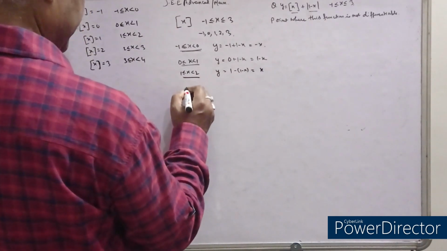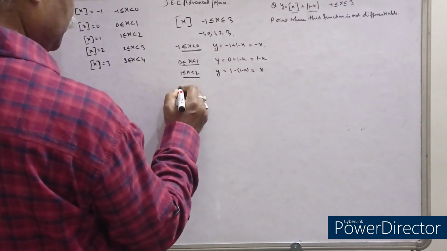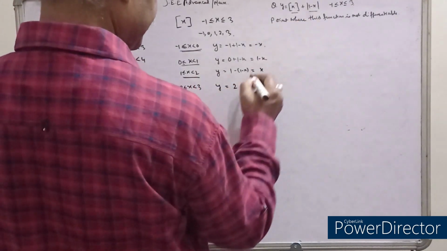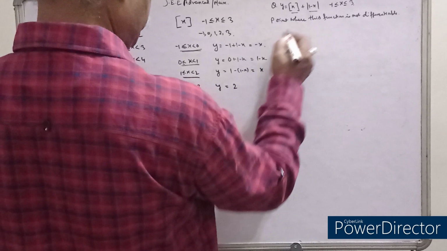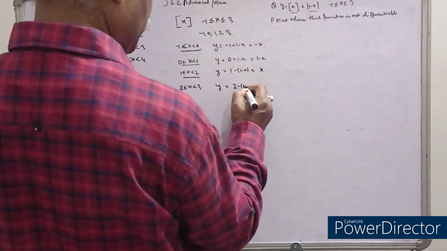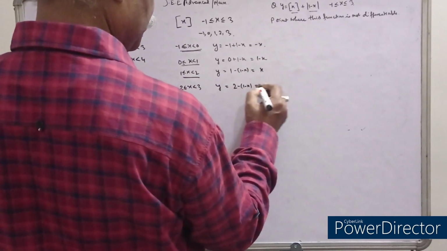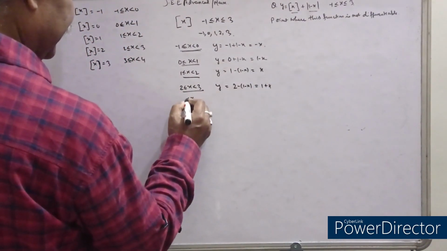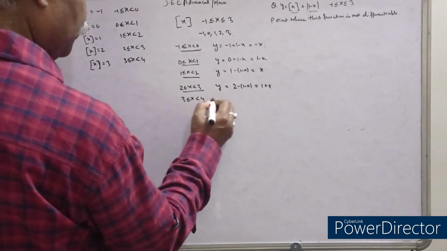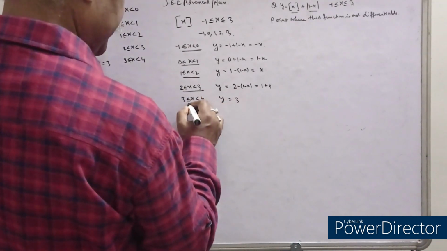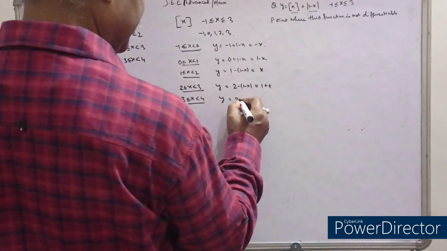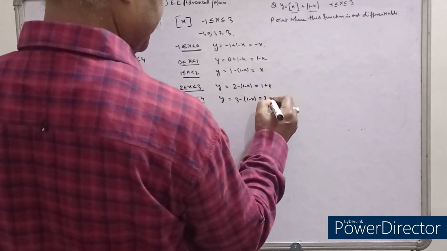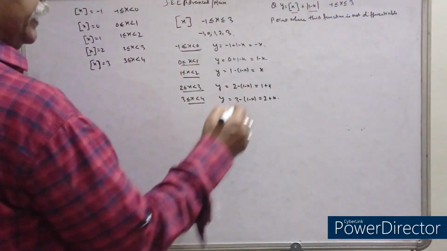Again for x greater than or equal to 2 and less than 3, your greatest integer is 2, and since again this part will be negative, I am considering the negative part, so this will be 1 plus x. And again for x greater than or equal to 3 and less than 4, your greatest integer will be 3, and this will be the negative part, so 1 minus x, so this will be 2 plus x. So here is your result.